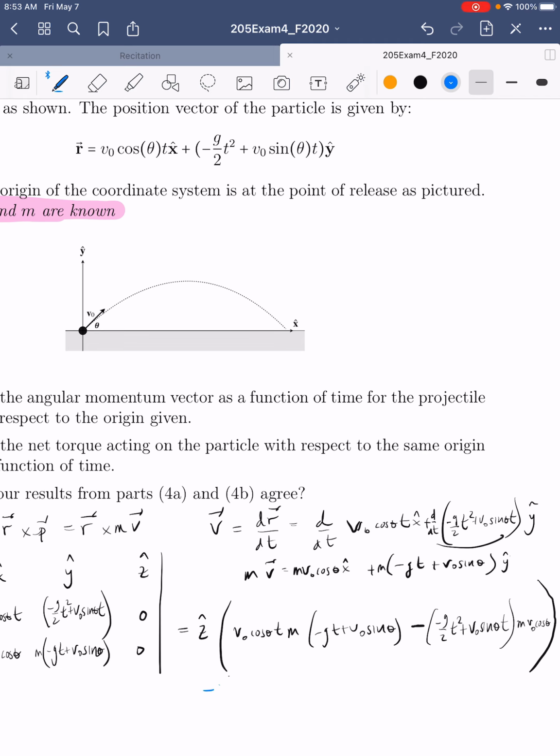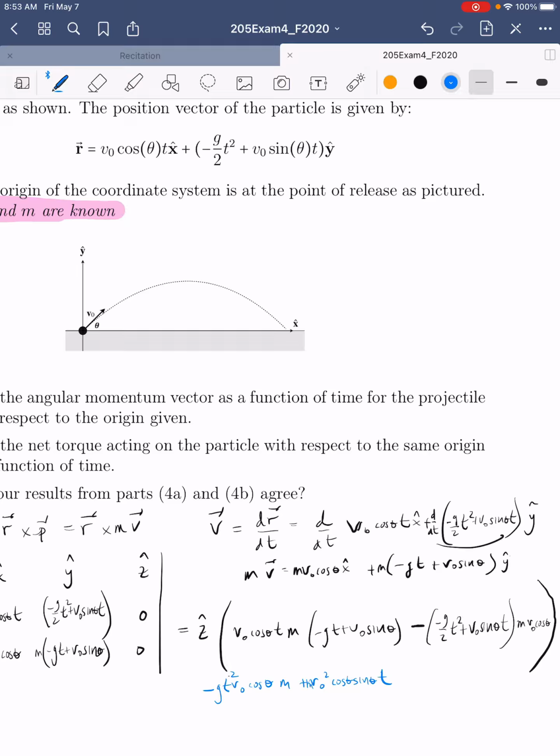I'll get minus g t v naught cos theta, another t in there, and an m, plus v naught squared cos theta sine theta, an m, and a t.